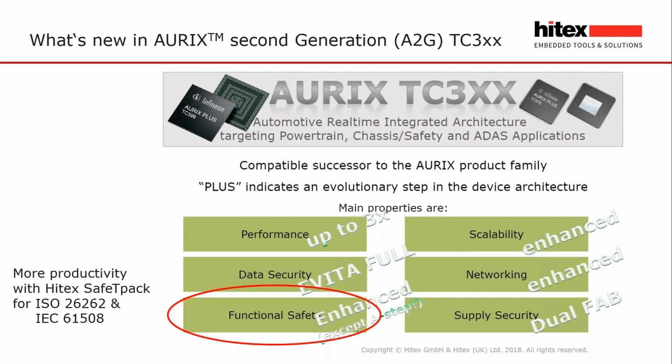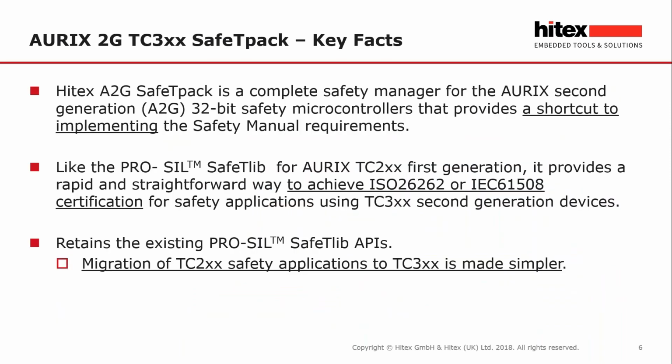So Hitex SafeTpack is a complete safety manager for AURIX second generation that provides you a shortcut to implementing the safety manual requirements. And when we talk about safety manual in this context, we talk about the safety manual of your specified application. Like the ProSil safety lib for the AURIX first generation, the TC2XX, it provides a rapid and straightforward way to achieve the safety goals for ISO 26262 or IEC 61508 certification for safety applications using the AURIX second generation, the TC3XX.